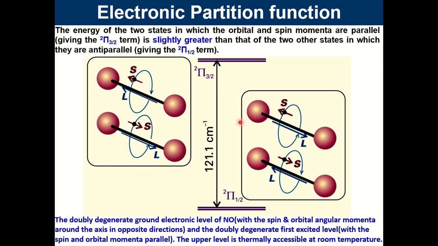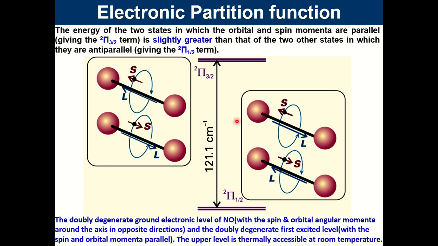So we have a doubly degenerate ground electronic level of NO with the spin and orbital angular momenta around the axis in opposite directions, and a doubly degenerate first excited level with the spin and orbital momentum parallel, as in this case. The upper level is thermally accessible at room temperature.